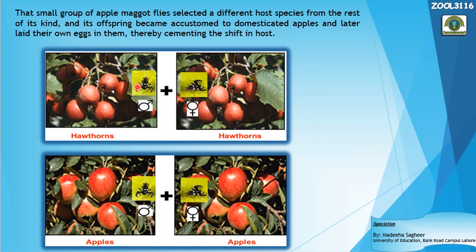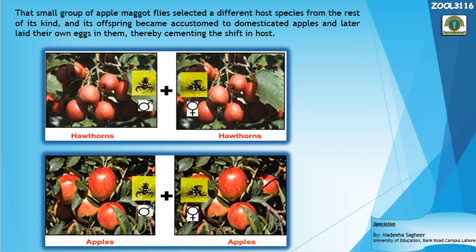It could never happen that a male fly brought up on the hawthorn berries would mate with a female fly of the apple. No, not at all. The female and male of the same plant would mate with each other.